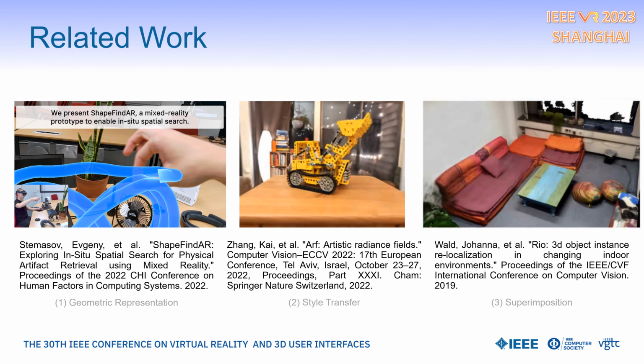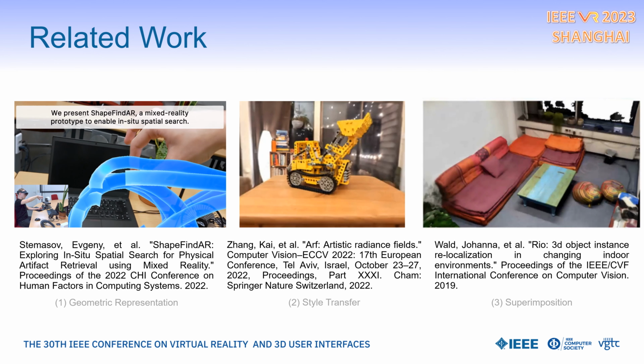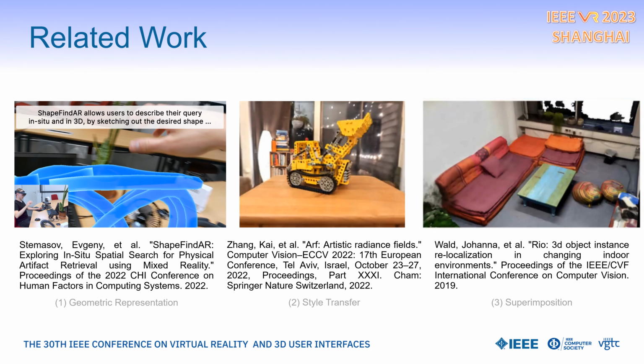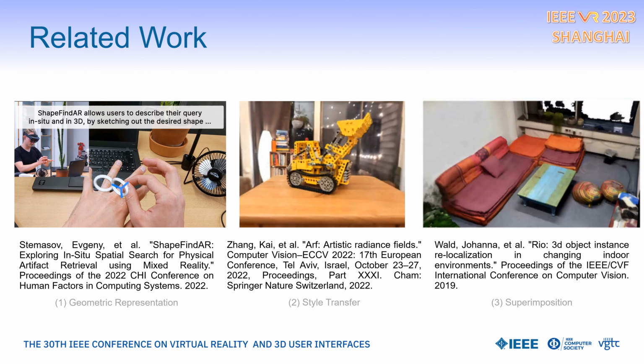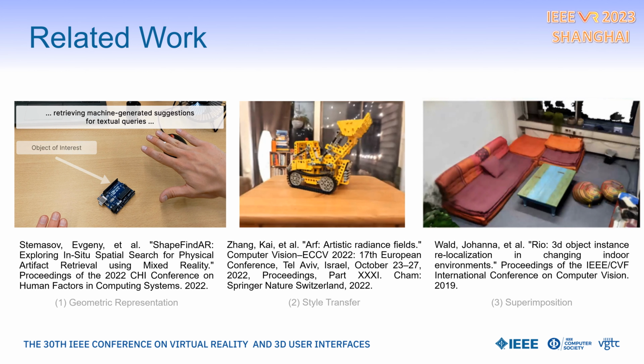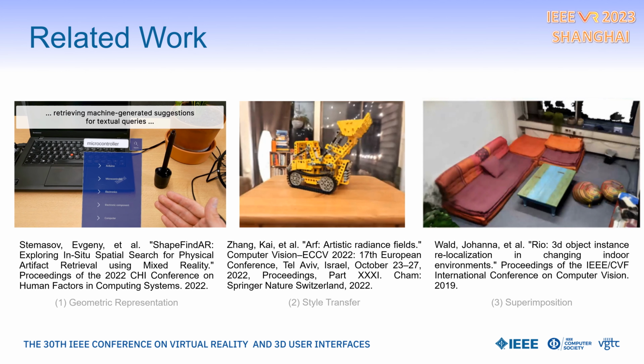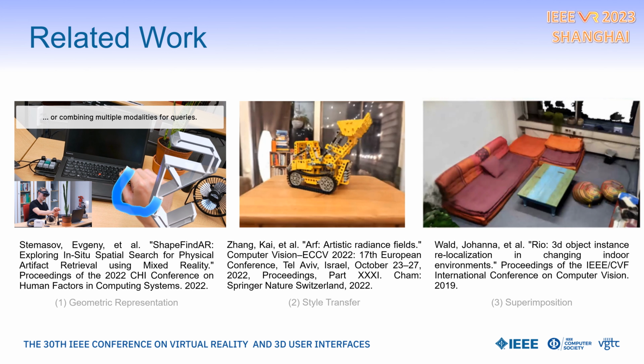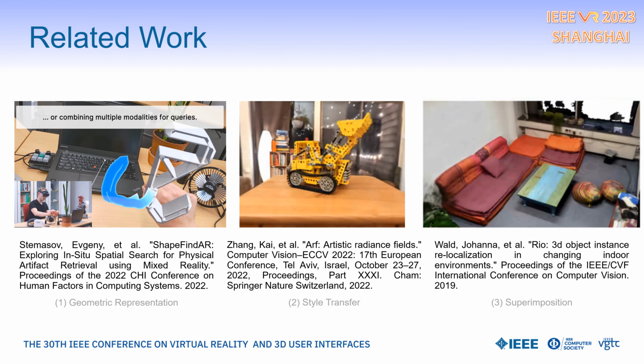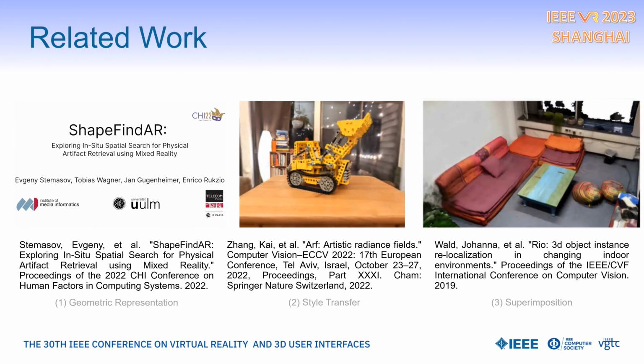ShapeFindAR is a proof-of-concept implementation of in-situ mixed reality input for shape retrieval of physical objects. It enables the use of textual or spatial search queries such as mid-air drawn sketches, tracings of physical objects, or a combination of prior search results with sketched features. This approach, like all retrieval methods, requires a sufficiently large dataset.